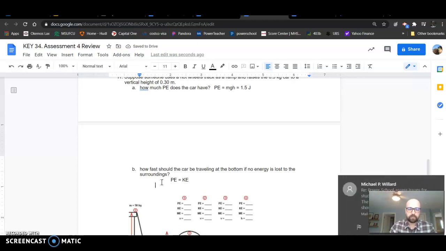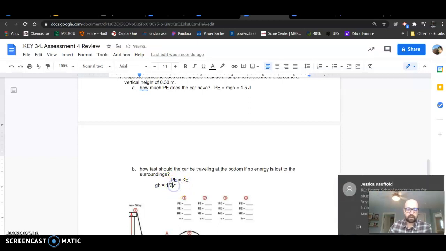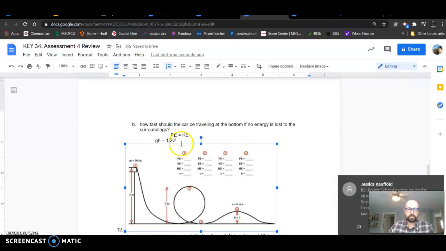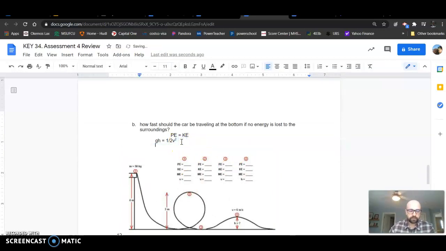So I think the easiest way to do this is mgh equals 1/2 mv squared. I'm getting so sick of typing that. And then like we talked about in class, we can take out the mass here because it's on both sides. So that gives me gh.